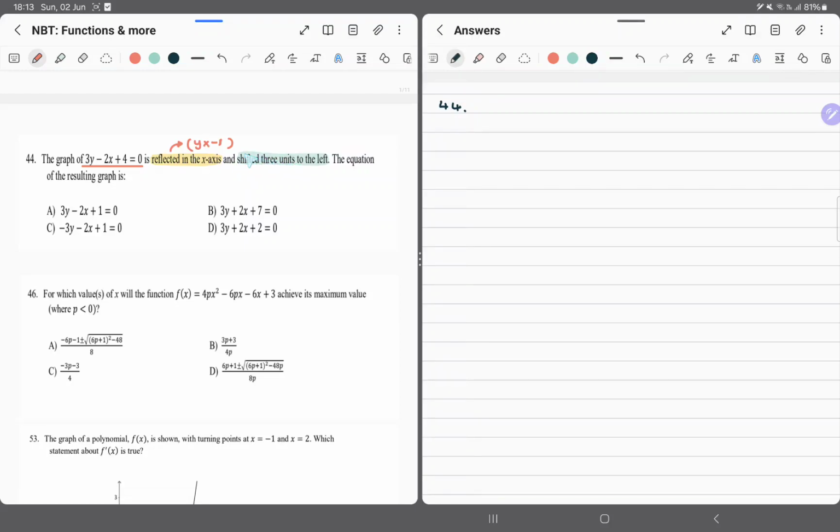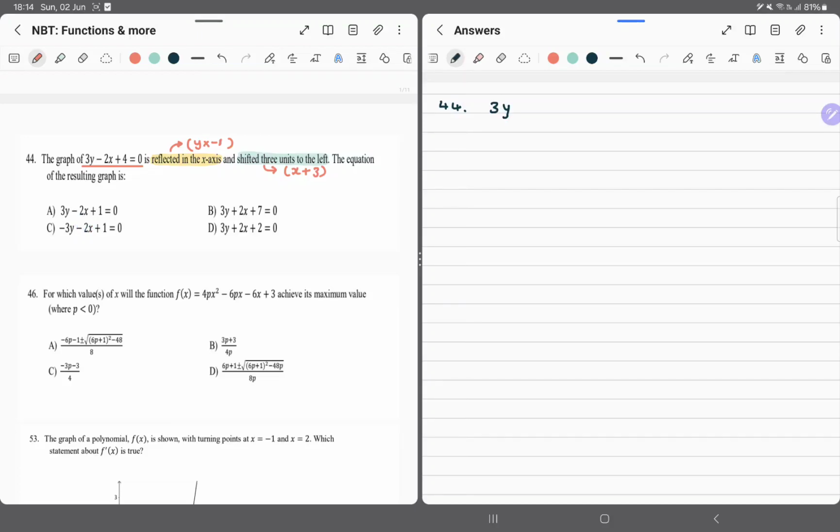Then when we shift or translate to the left, it means from the x values, we add the number of units by which we are shifting the graph. So this means where we see x, we will substitute x with x plus 3.